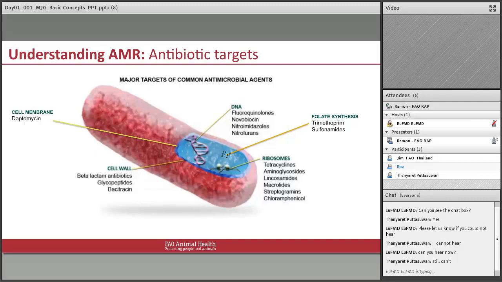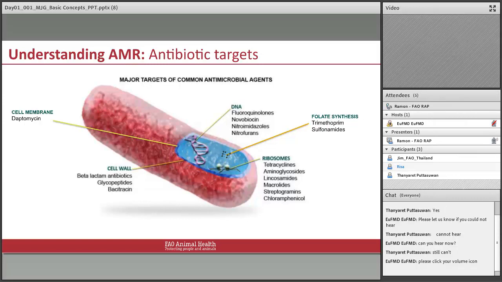For example, as you already very well know, the structure of the bacteria. There's the cell, and let's first start with the cell wall. There are certain antibiotics that target the cell wall. This is the protective area, and you can just imagine that these antibiotics interfere with the structure of the cell wall so that the bacteria are not able to survive.